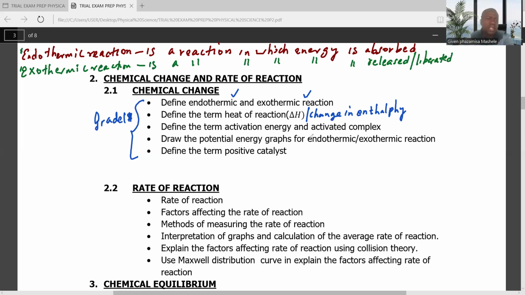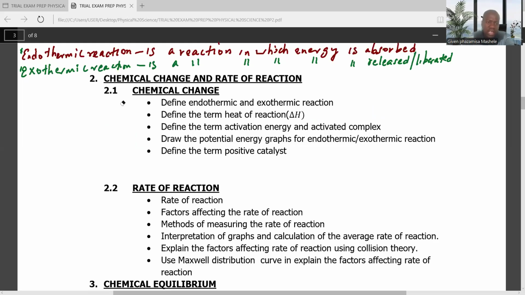And again, you need to be able to define what is the heat of reaction, or the change in enthalpy. The heat of reaction is the total energy absorbed or released in a chemical reaction.